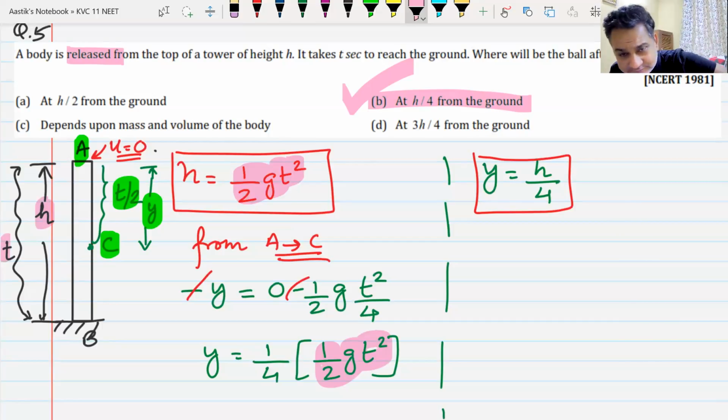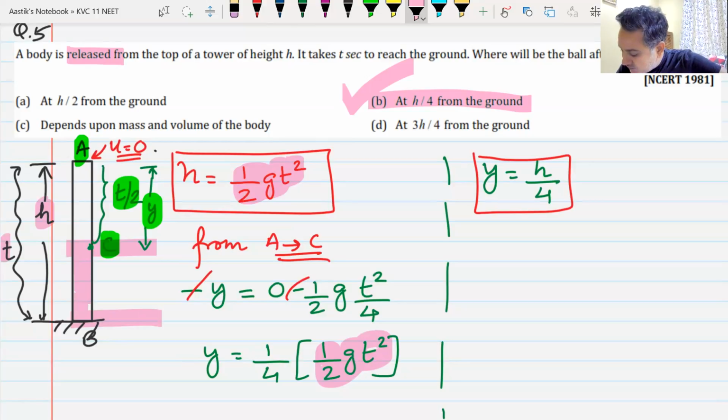No, that is wrong. This y is from the top of the tower. So what is the distance from the bottom of the tower? This distance.